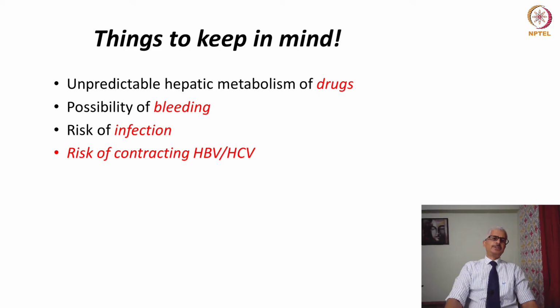Similarly, these patients have a high risk of bleeding and infection. In addition, there is a risk of the doctor contracting hepatitis B or C infection and cross-infecting the other patients in the clinic.